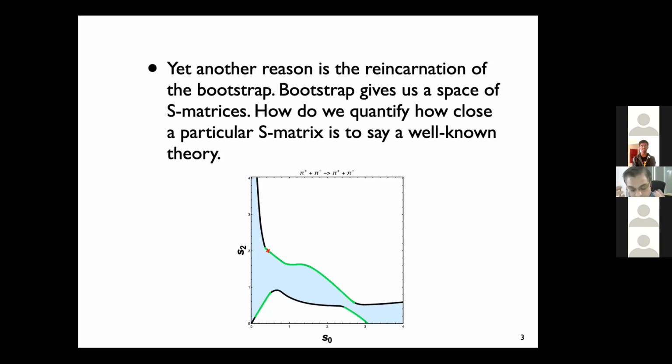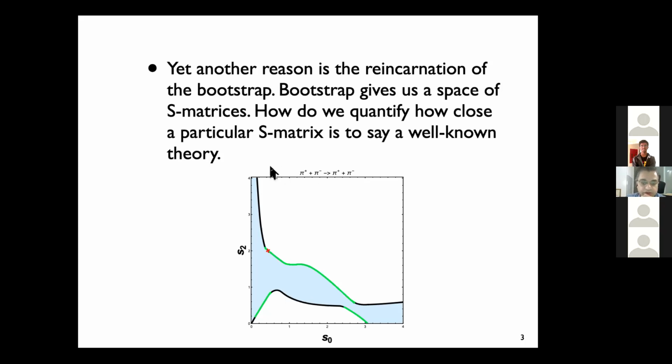And of course, in order to constrain your theory space further, you have to put in more and more constraints. But essentially, with the minimum number of constraints, you'll get a space of allowed S-matrices. And you want to ask, for instance, how would you say how close two S-matrices are?